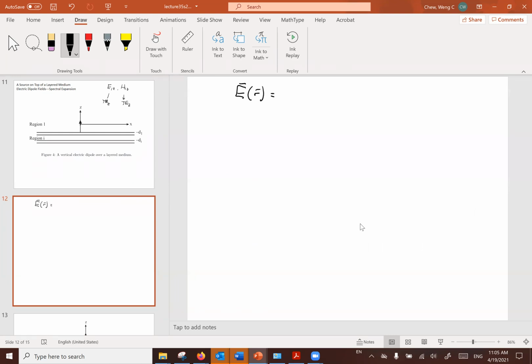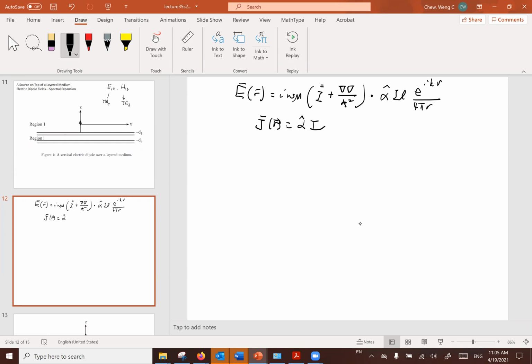Okay, we show that once you use the dyadic Green's function technique, the electric field can be written as this. This is for a Hertzian dipole J of R pointing in the alpha hat direction.